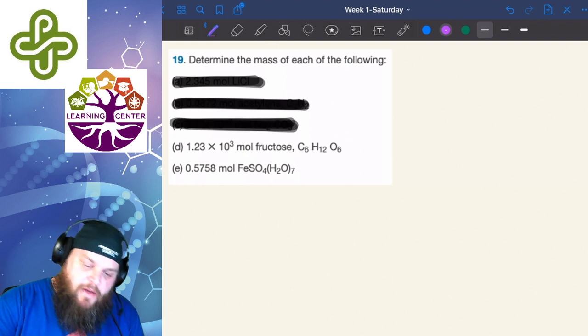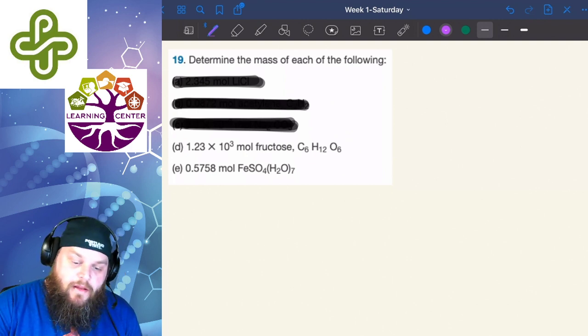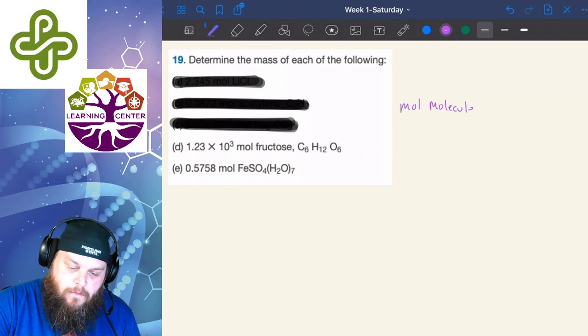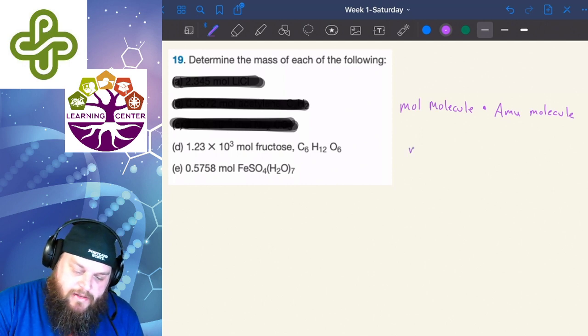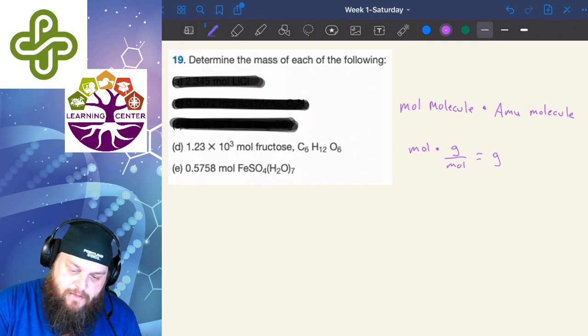So in this one, instead of dividing, we're going to multiply. Take the moles of the molecule and multiply that by the molar mass of the molecule. If we look at that by units, that's moles times grams per mole, which is equal to grams.